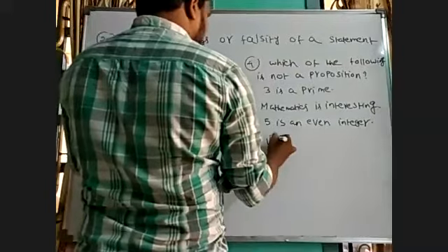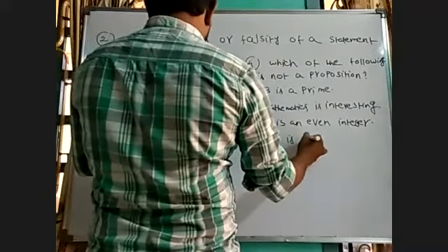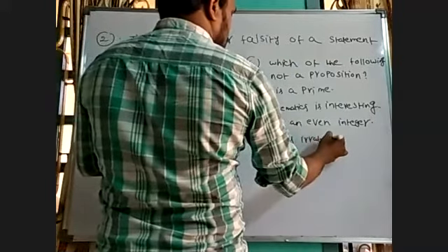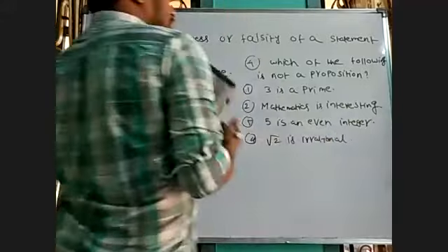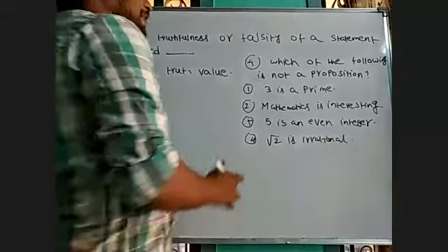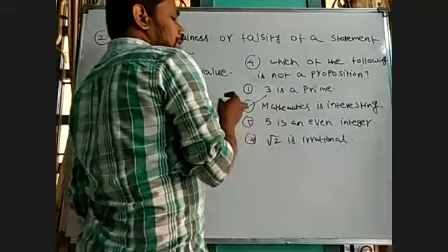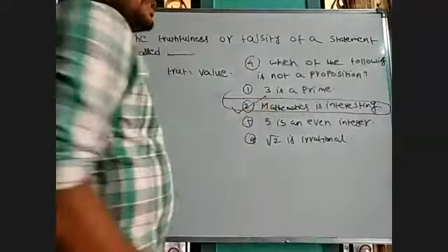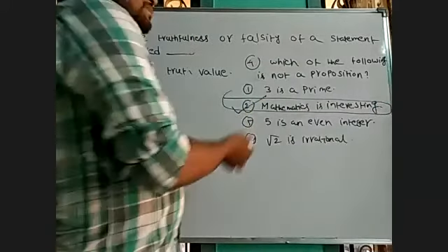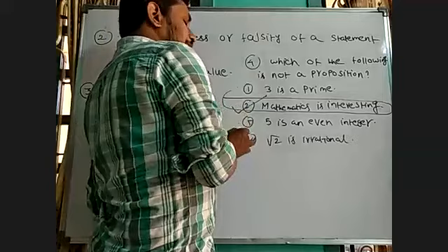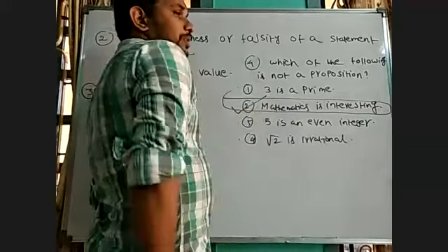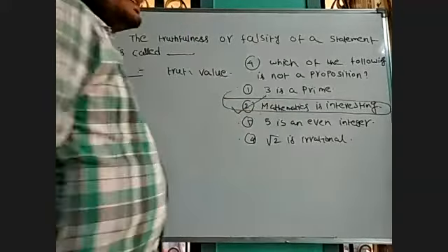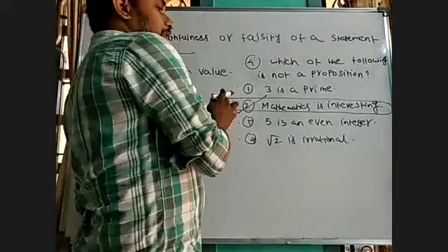Option 4, root 2 is irrational. Option 2, mathematics is interesting, is not a statement. The remaining 3 are statements, they are true or false. But for this one, no. Mathematics is interesting is not a proposition. Okay. Right.